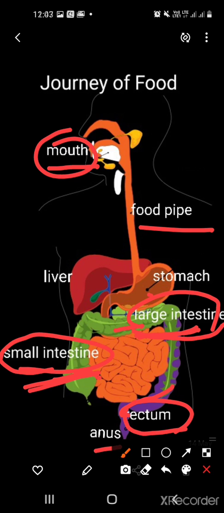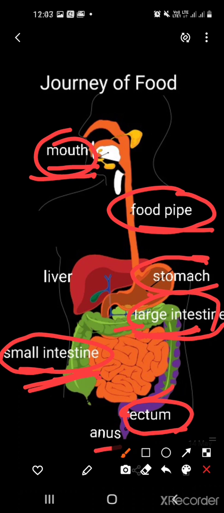Okay, children. So this is the food journey. First of all, we take food in our mouth. Now it goes to the food pipe or esophagus. After that, it goes to the stomach. It plays an important role. Fine. It digests the food and makes a thick soup. Fine. Thick paste. After that, it goes to the small intestine and the digestion is completed here.